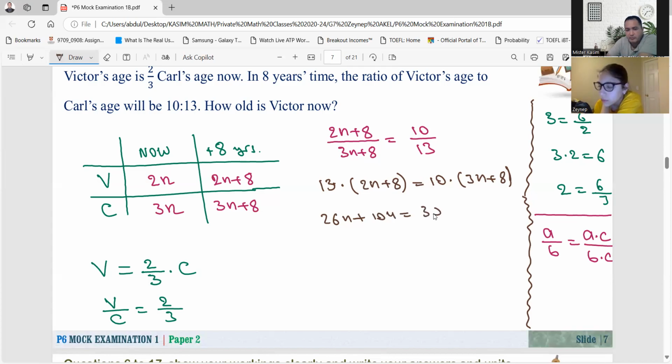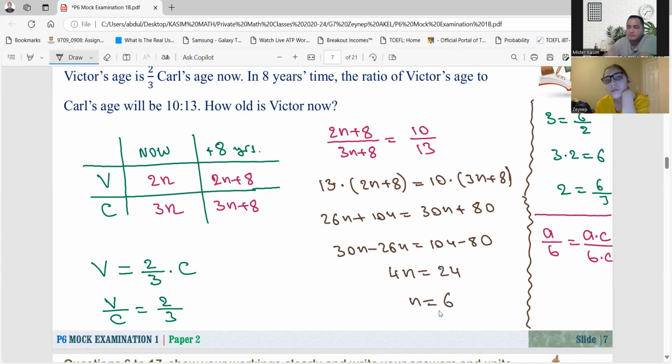On the right hand side, 30n plus 80, right? So move this 26n to the right hand side. Here we have 30n minus 26n, and 104 minus 80. 30 minus 26 is 4n. 104 minus 80 is 24, right? N should be equal to 6, right?